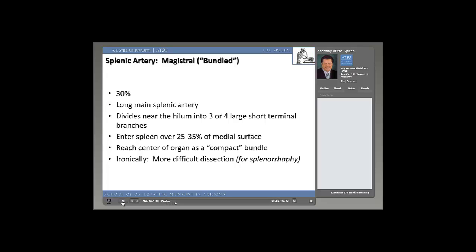The effect of this is that there are only 3 or 4 very large but short terminal branches entering the medial aspect of the spleen at the hilum, covering only about 25% of the medial surface. If a surgeon desires to dissect out each individual branch of the splenic artery, it's more difficult because the arteries are bundled together. However, in terms of performing a laparoscopic excision and transecting the artery at the hilum, it's much easier. Again, much more clear when we take a look at the image.